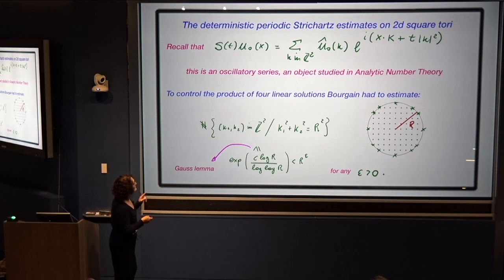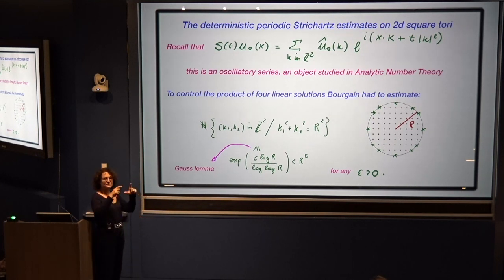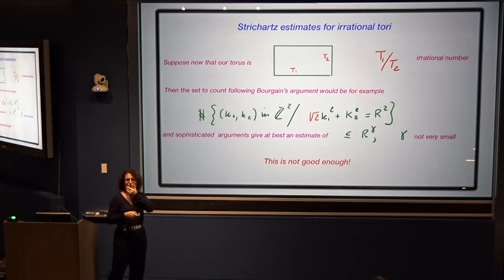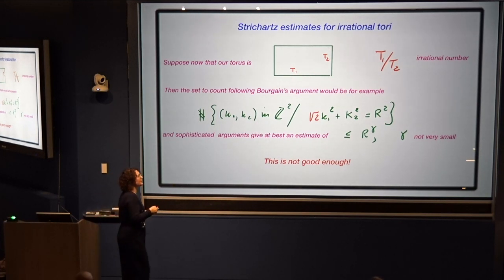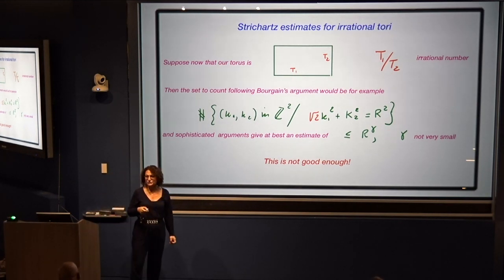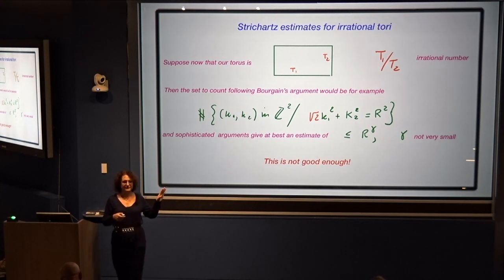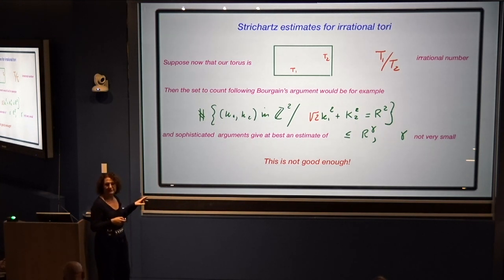Okay, but this, remember, is the situation in which the torus is square, 2 pi by 2 pi. All right. So, but what about when that's not the case? And in fact, we have different periods in the different coordinates. So let's say T1 and T2. If the ratio between T1 and T2 is a rational number, what Bourgain used still applies. You still have a Diophantine equation.